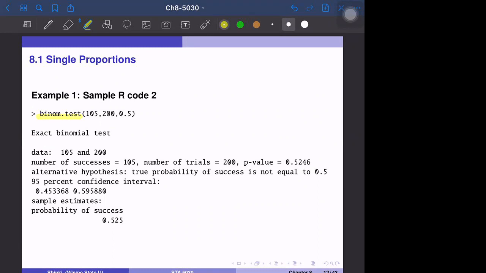If we have 200 observations and we observe 105 over 200, R basically calculates the probability of p hat equal to 0 over 200, 1 over 200, 2 over 200, up to 100 over 200, 101 over 200, and up to 200 over 200. R calculates all the probabilities, and then we make the rejection region. So it's a more exact test. But still, the p-value is almost the same.